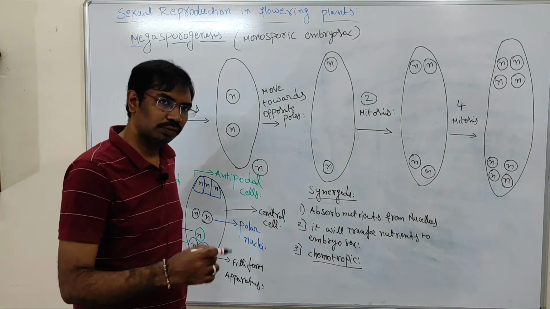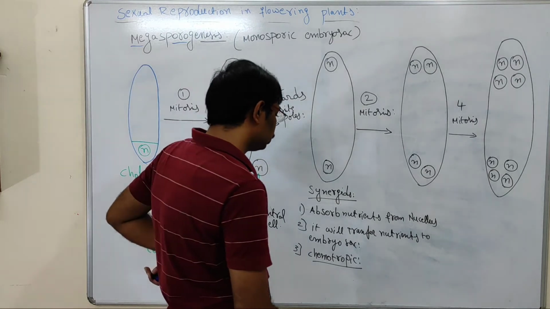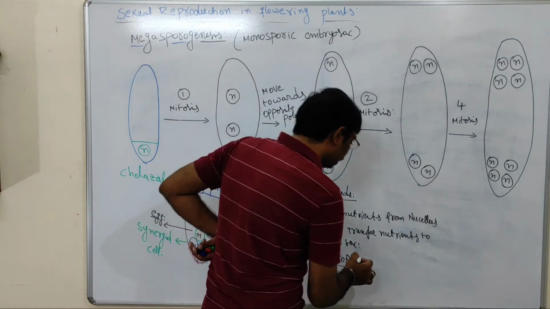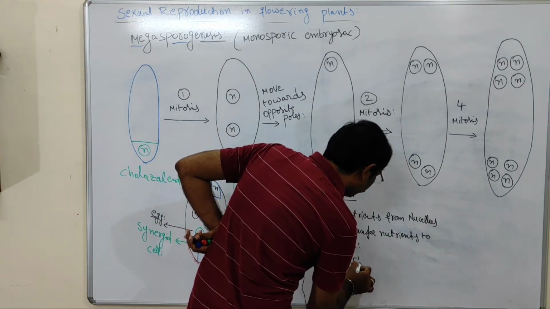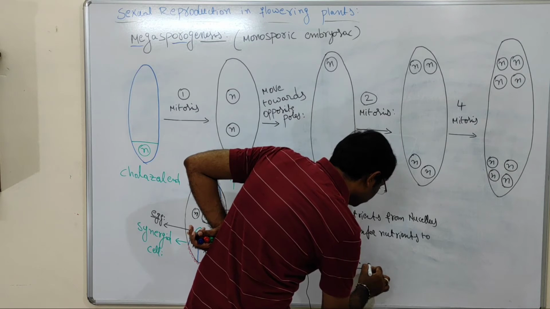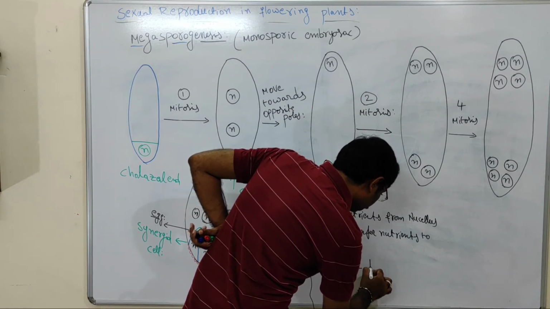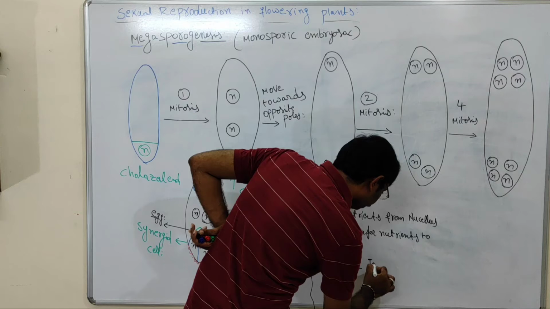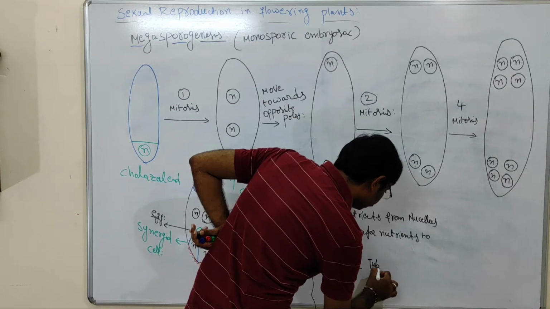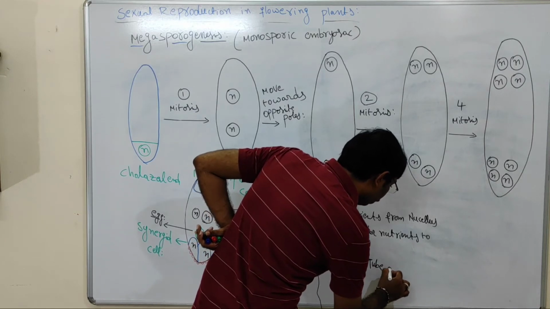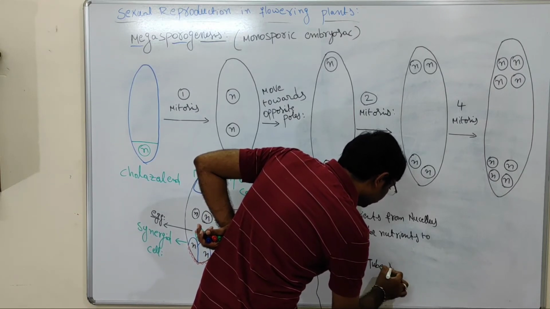What is the function of these chemotropic chemicals? They are important for pollen tube entry.